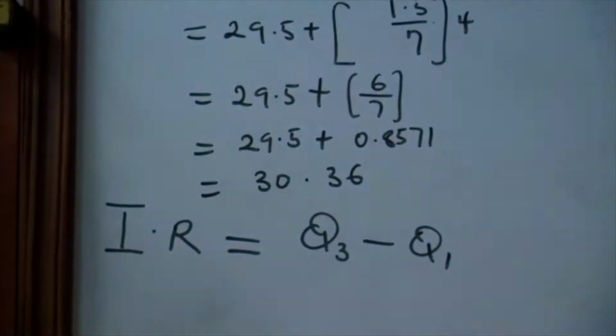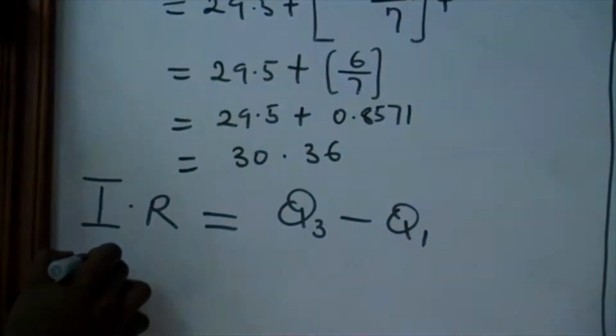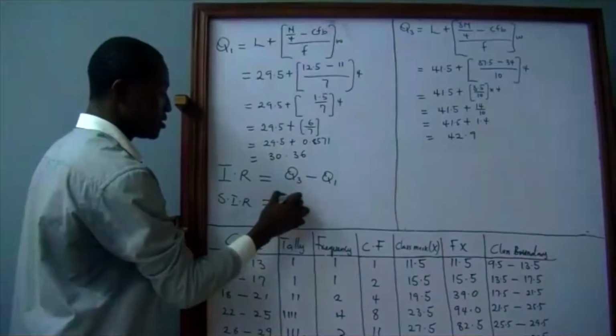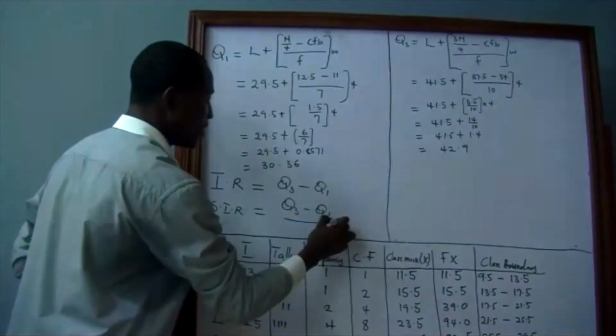So definitely we need to obtain Q3 and also Q1. Don't forget that the semi-interquartile range is Q3 minus Q1 divided by 2.